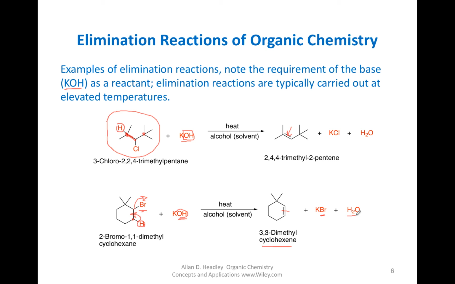So again, you should be able to look at an organic molecule, determine if it has a good leaving group, look at the reaction conditions, and be able to predict the elimination product.